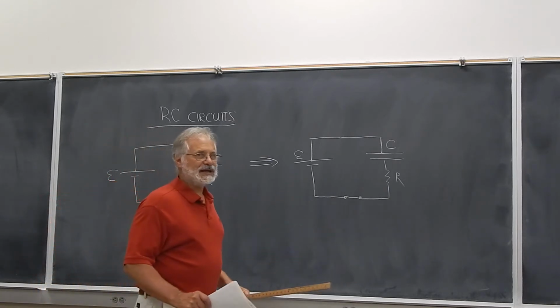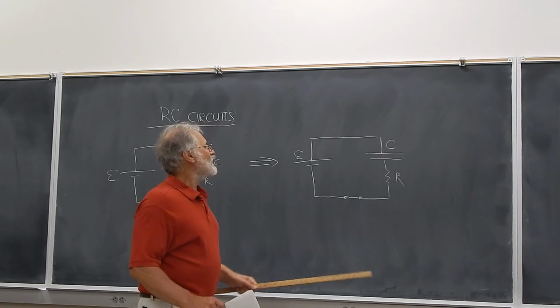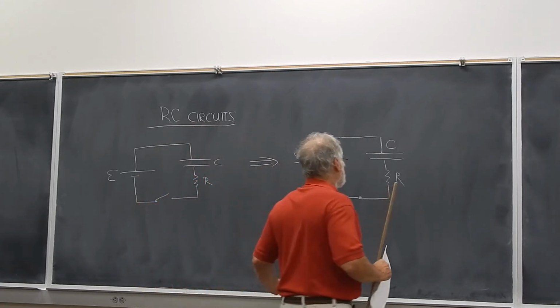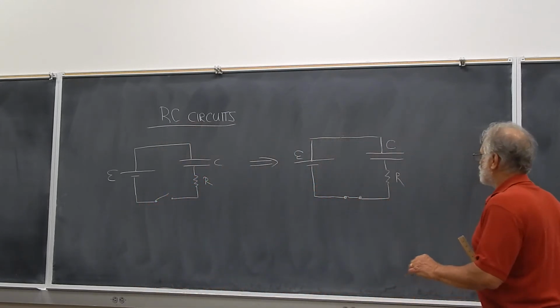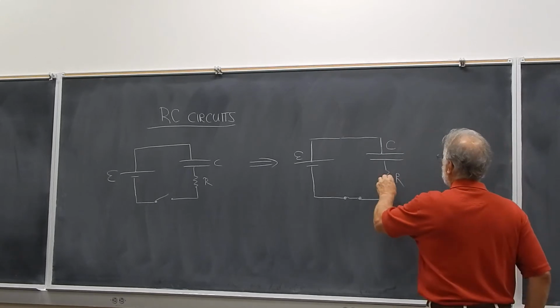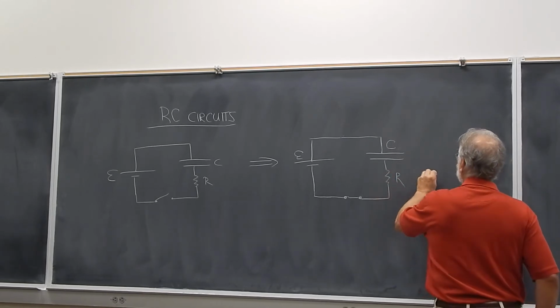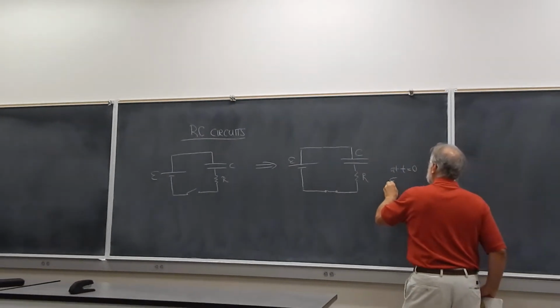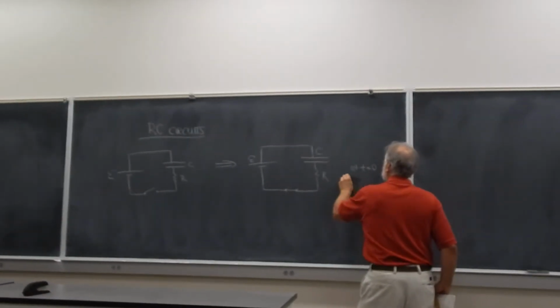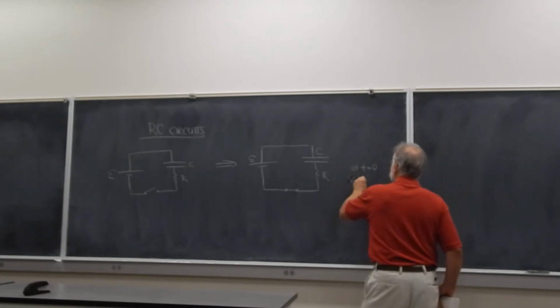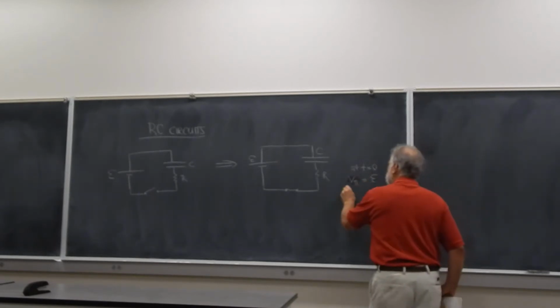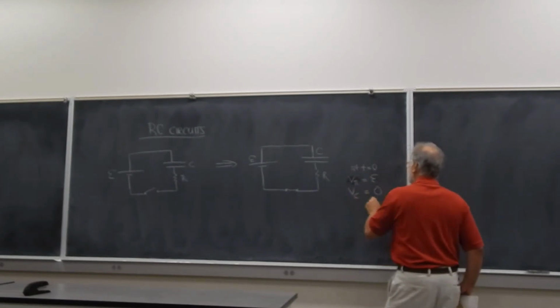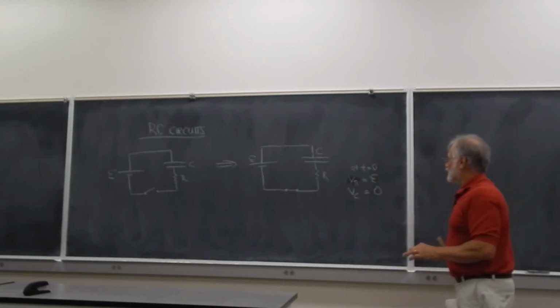But for all intents and purposes, we'll say at the start, the current will be full through the resistor, and the voltage drop across this resistor at t equals 0, roughly, will be just what's coming out of the battery. The voltage across the capacitor will be 0 at the very beginning, as soon as the switch is closed.